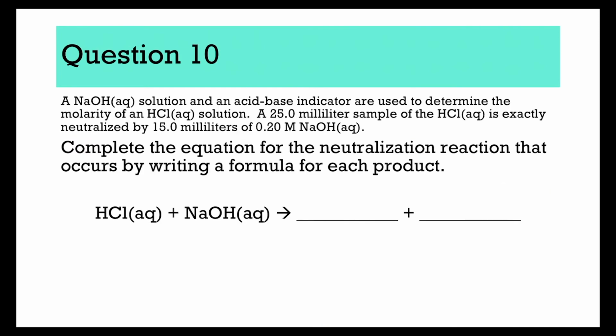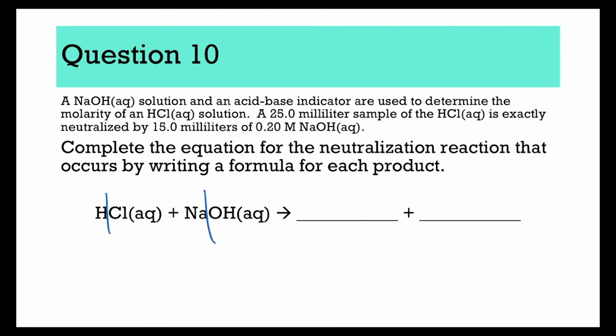Moving forward, this is a short answer question. So it gives you some information about stuff that does not affect the question whatsoever. It wants you to figure out what your two products are. So, just like we did yesterday, and just like we've been doing before, separate your acids.